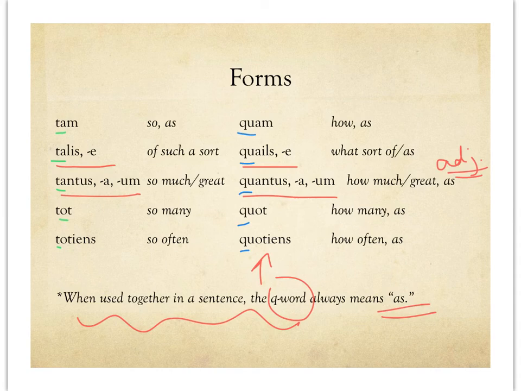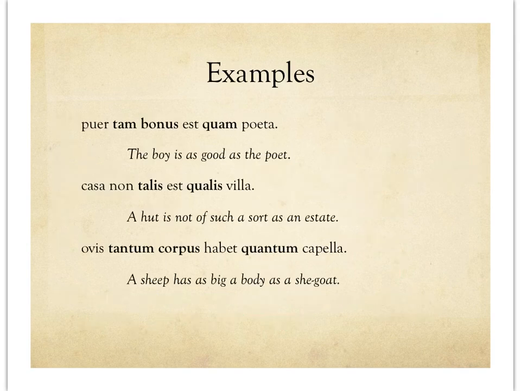And you can see that these Q words are really sort of question words that could mean how, or not of such a sort, but what sort, how much, how many, how often. But when they're used in this correlative, tam quam, talis qualis, tantus quantus, all they're going to mean is as. So let's look at some examples so that you can get a sense of how these work.